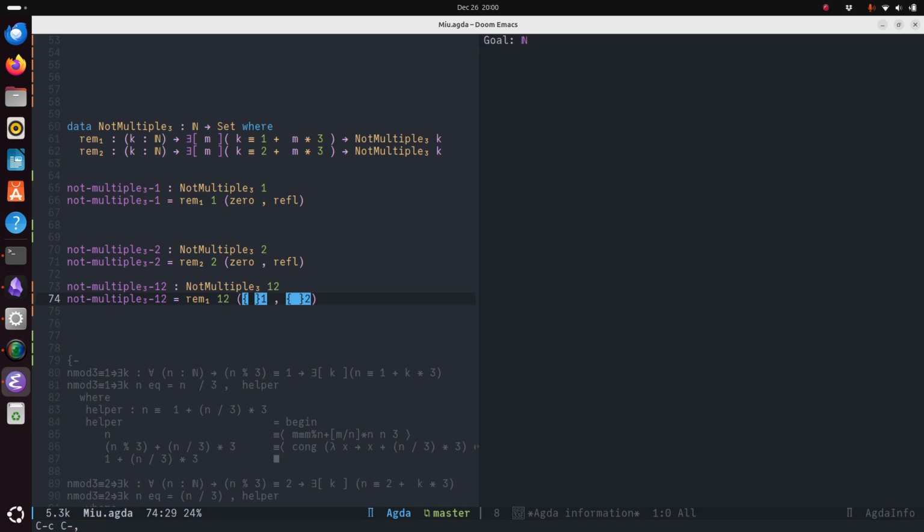No matter what we type here, for instance, Agda is asking us to prove that 12 is equal to 13, right? Which is impossible for us. Or I take 5 here, no matter what, I will not be in a position to provide such a proof. So it is impossible for me to construct a not multiple of 3 to assert that 12 is not a multiple of 3.